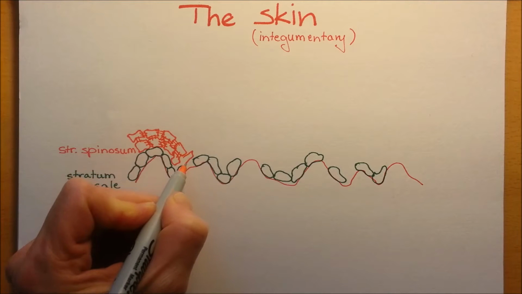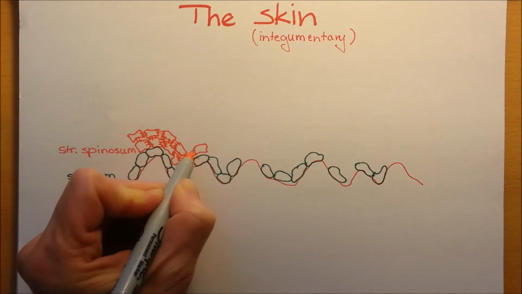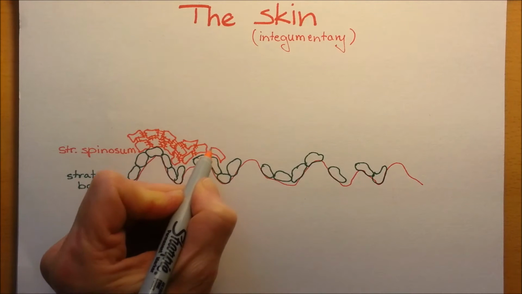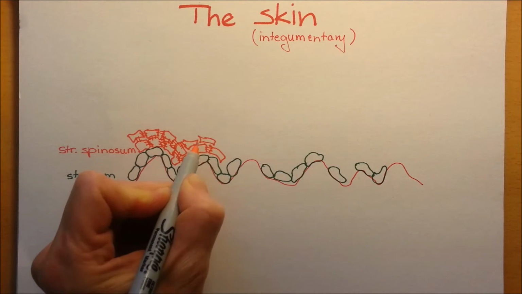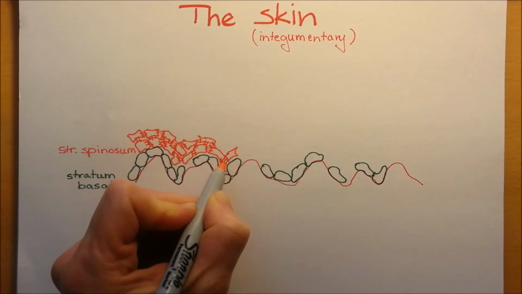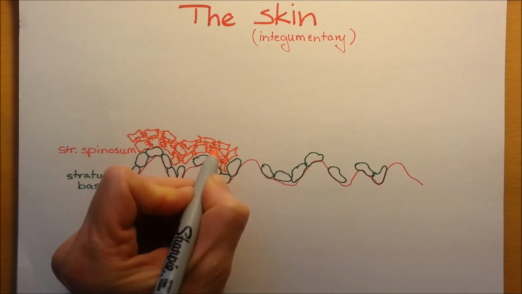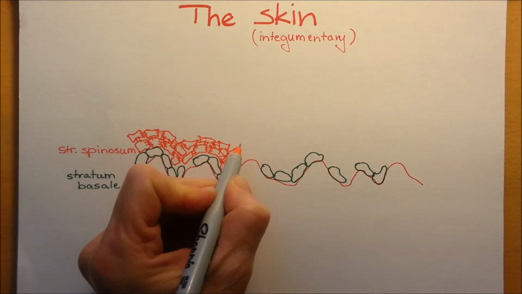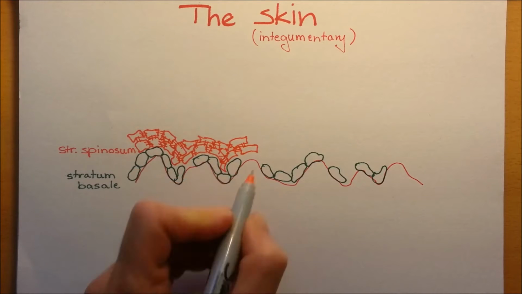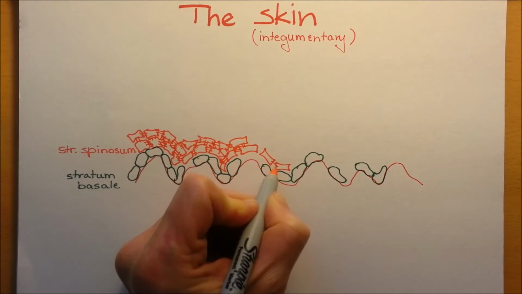The stratum spinosum cells look spiky. As we prepare for microscopic slides, they start to shrink, but the desmosomes that connect adjacent cells together, they will hold on to. Hence comes the name stratum spinosum.